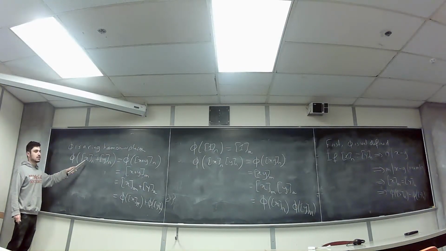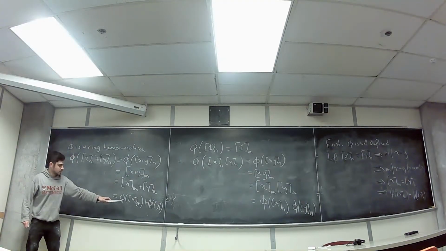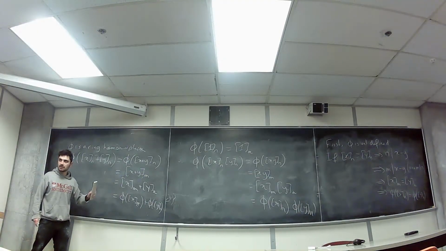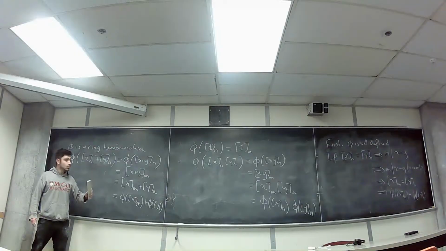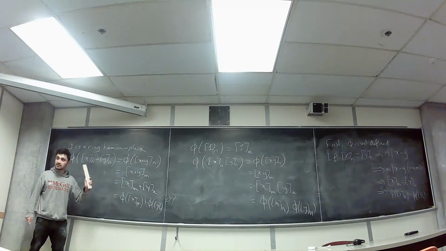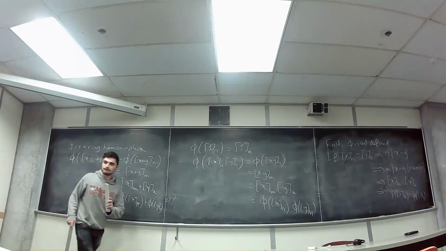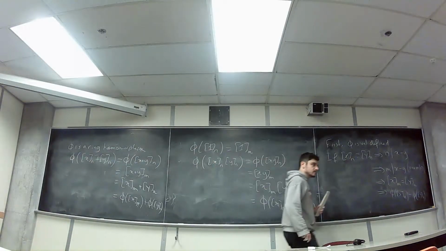So phi of something mod n will give you something mod n. That's it. Okay. No problem.